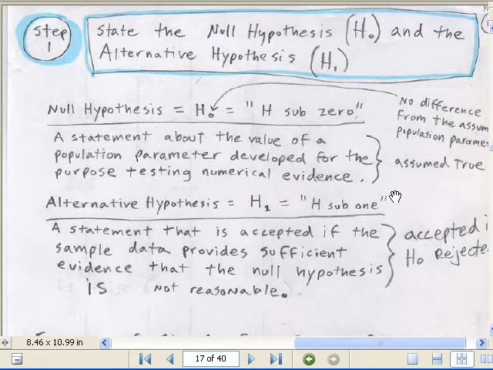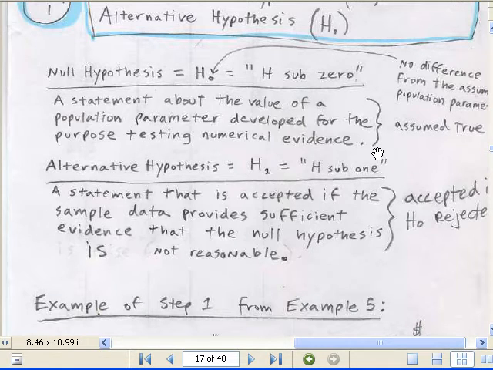Okay, more about step 1, the null hypothesis. A statement about the value of the population parameter developed for the purpose of testing numerical evidence. It's going to be assumed to be true from the beginning. However, we cannot conclude definitively ever that it is true because of our small amount of risk.